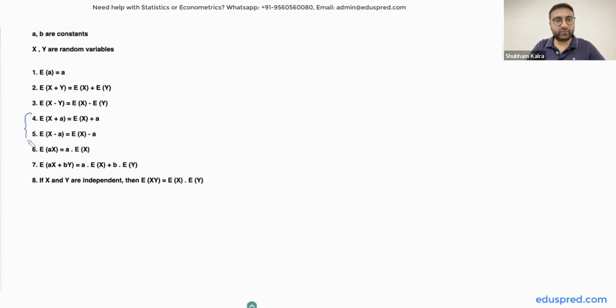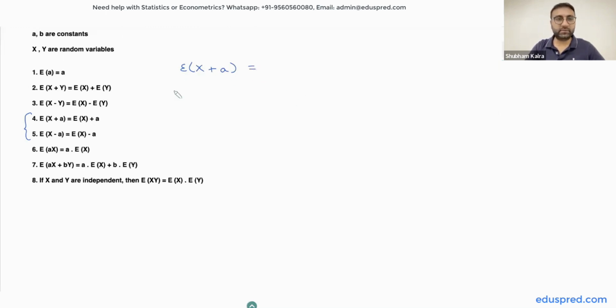Well, property number 4 and 5 relate to the addition and the subtraction of a constant. So let's talk about property number 4. Property number 4 is expected value of x plus a. So over here, I'm adding a constant. Now let's see how we can write this.